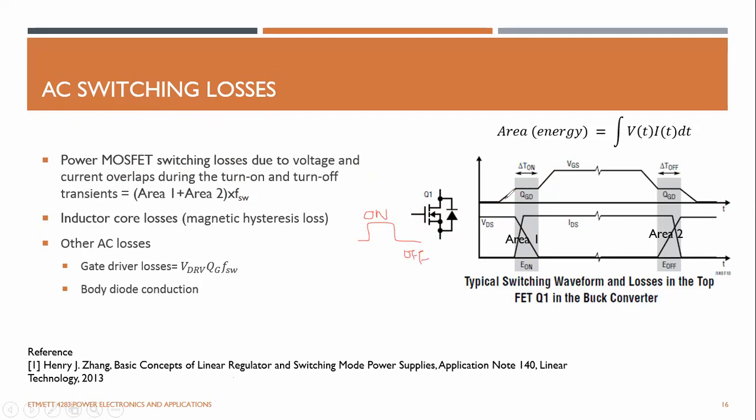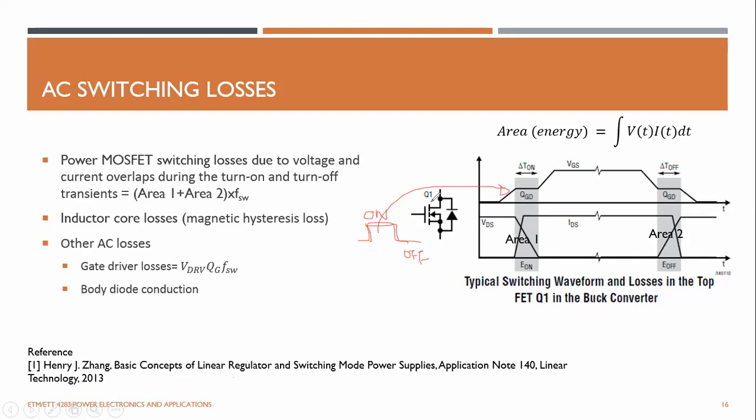The gate voltage is not a straight square wave, it is more like a ramping signal, right? So the amplified version of this is this. During this time, the voltage across this device becomes 0 when it is fully turned on, and when it is off, the voltage goes to the maximum voltage.